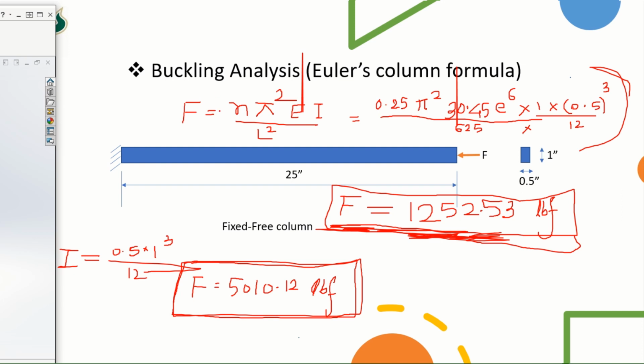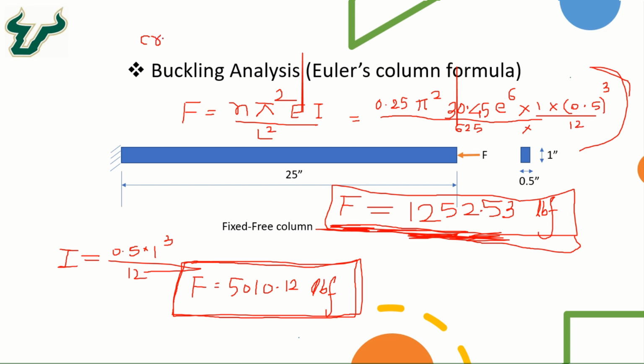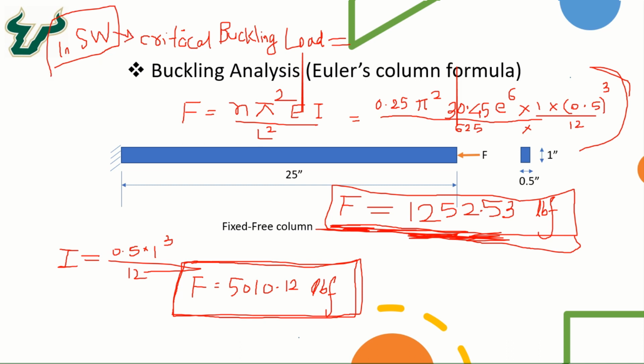Now this load factor is what the SolidWorks simulation reports. So if we want to find the critical buckling load that will cause buckling on the component, we can use this equation: from the SolidWorks result, the critical buckling load is equal to the load factor multiplied by the amount of force that we have used.